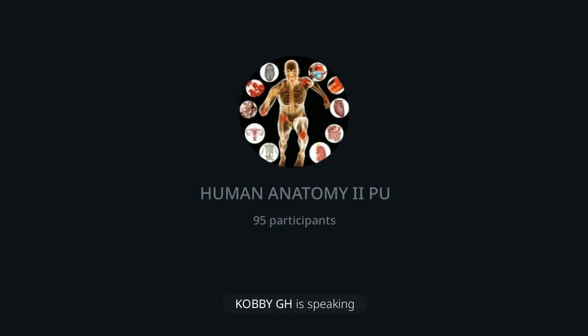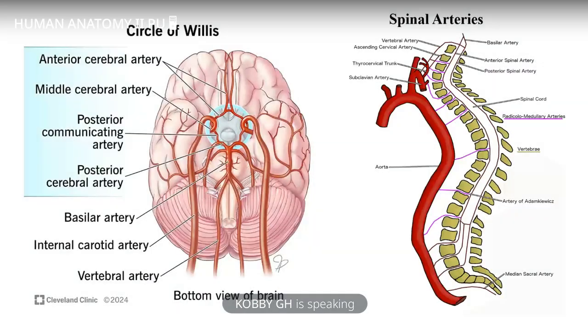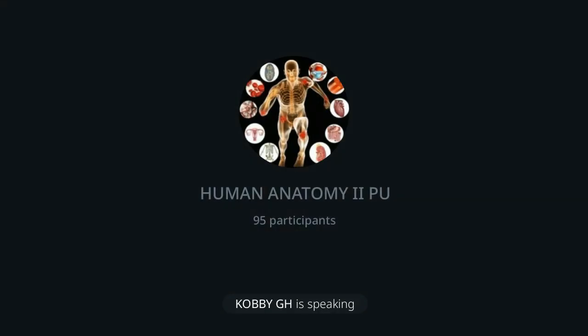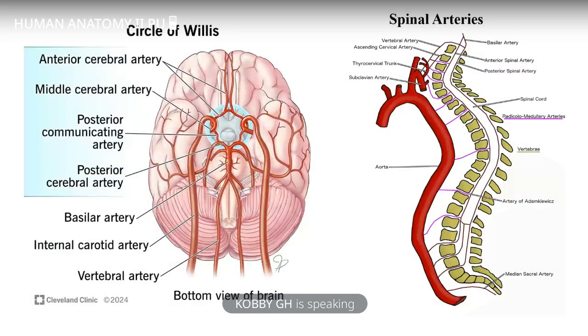Then they will write the right internal carotid artery, then the left internal carotid artery. Then they'll write again right anterior cerebral artery, left anterior cerebral artery, forgetting that it is the internal carotid artery that branches to form the anterior cerebral artery.